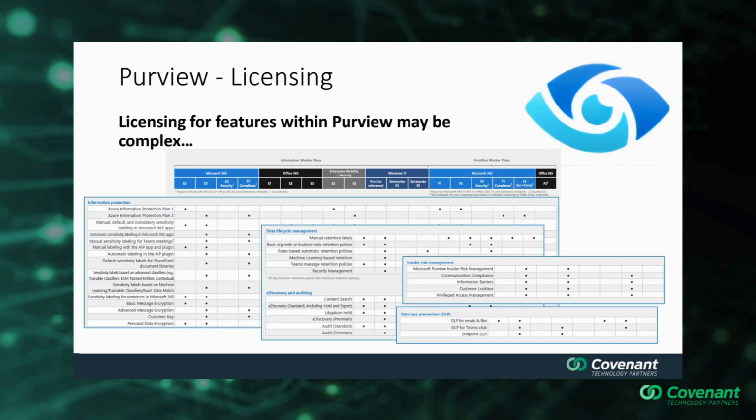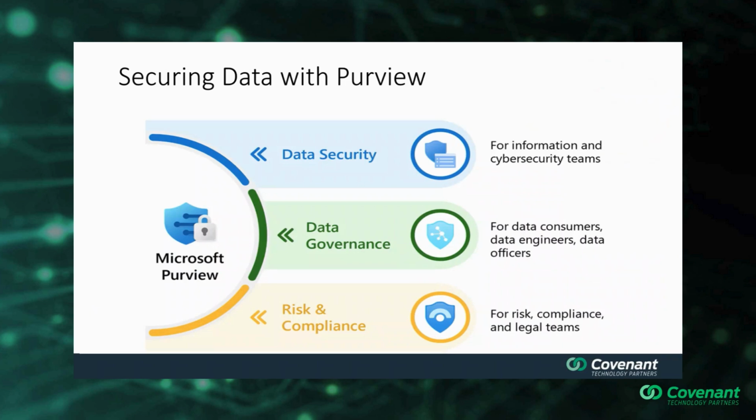And yes, absolutely, it's a challenge to sort which features are where and what exactly is Purview specific. To simplify the licensing overview, Microsoft has defined Purview as primarily three main pillars: data security, data governance, risk and compliance.